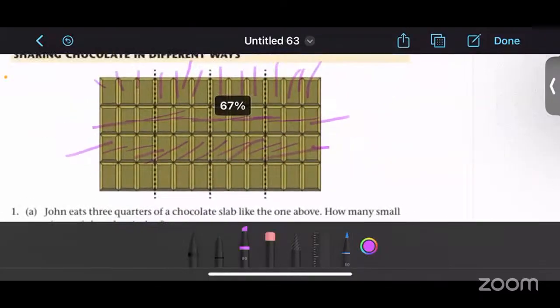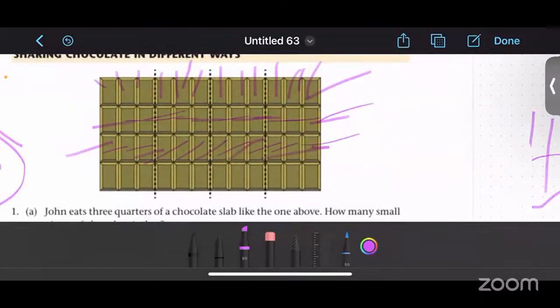So it's eating one, two, three rows. So that means the other one will be left with this one. So this is Rati.